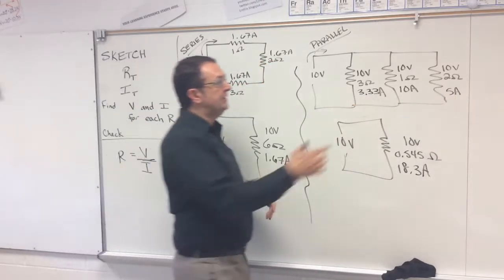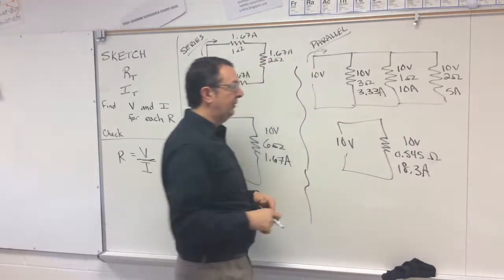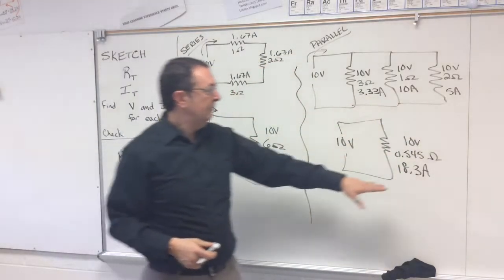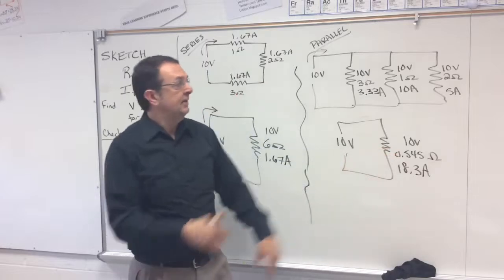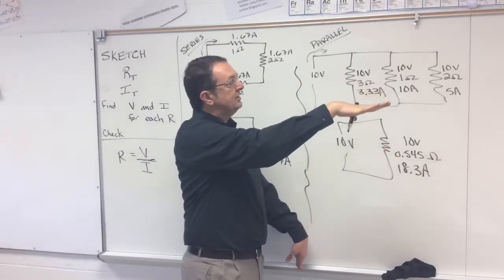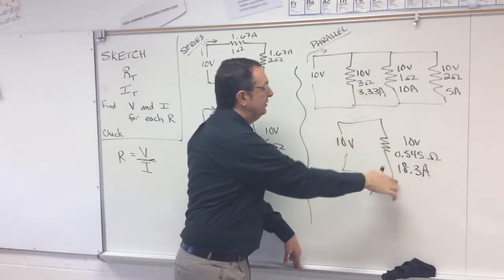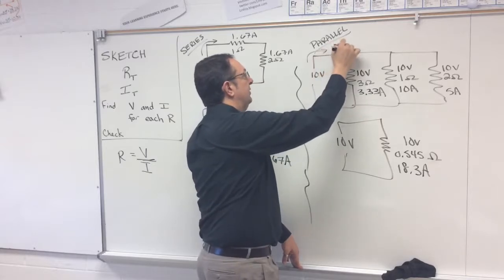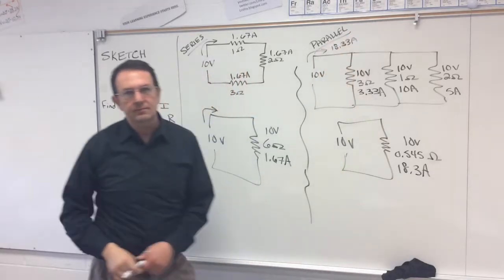And if you add those 3 up, the 10 plus the 5 plus the 3.33, you get 18.33, which matches this. It checks. Voltage is constant, and the currents add up to the source current, and it's 18.33 amperes.